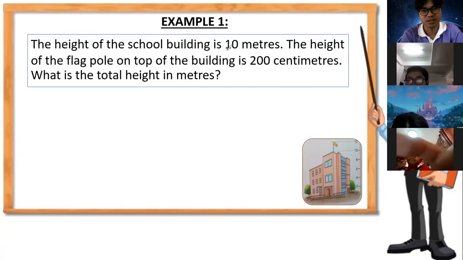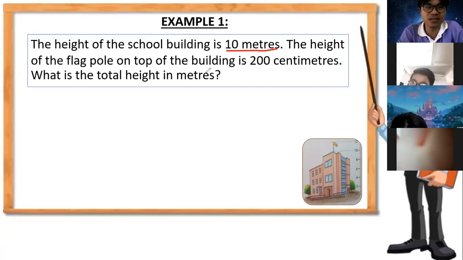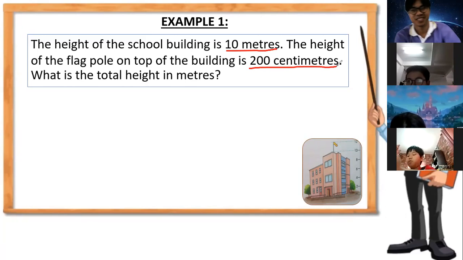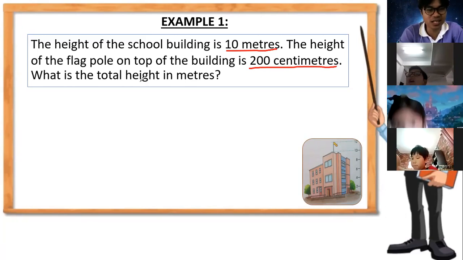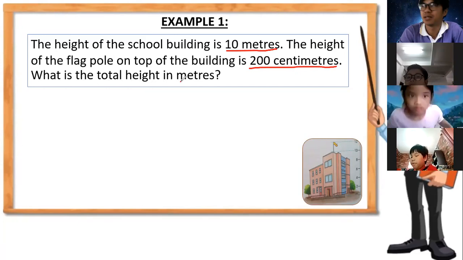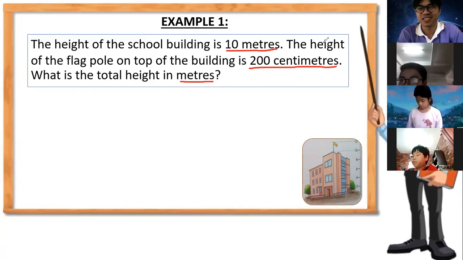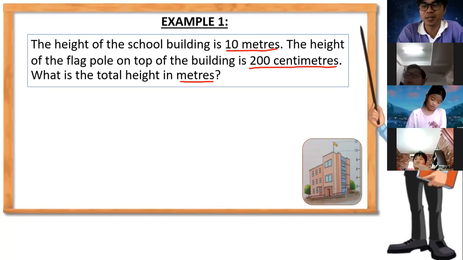The height of the flagpole on top of the building is 200 centimeters. Question: what is the total height in meters? We need to convert some units here.